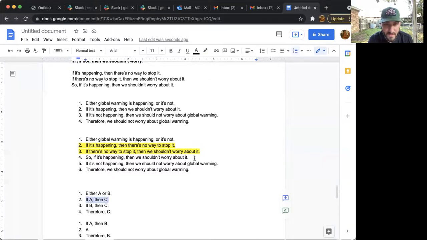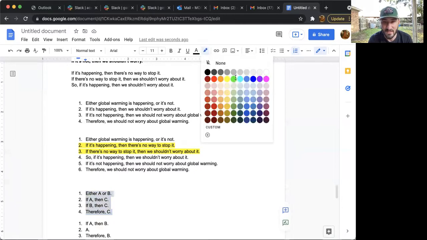That's why you say, so if it's happening, we shouldn't worry about it. There's a "so" there because that's what's called an intermediate conclusion. We're concluding that from premises 2 and 3 so that we can use it as part of this other argument for the conclusion here. So let me color code this for you if that makes any difference to you.